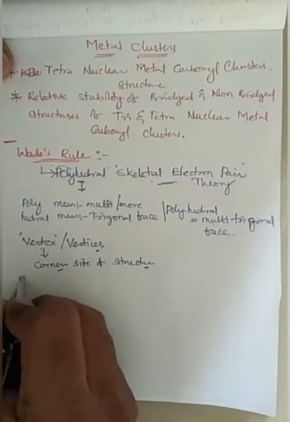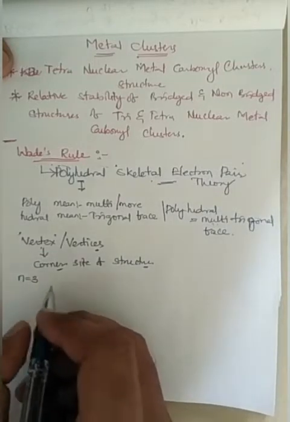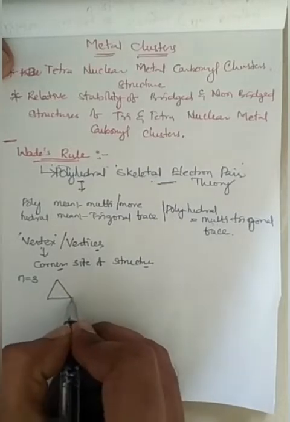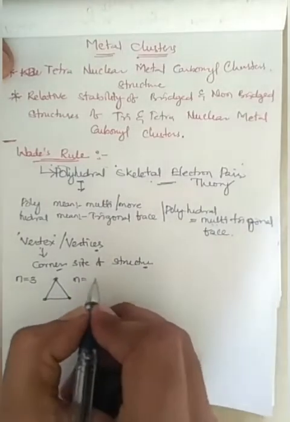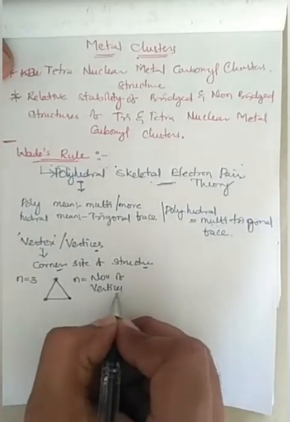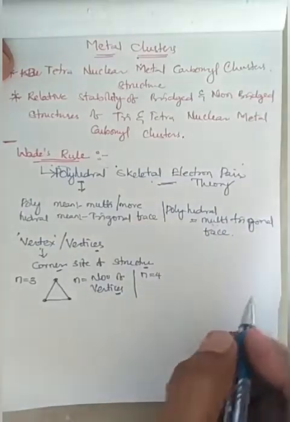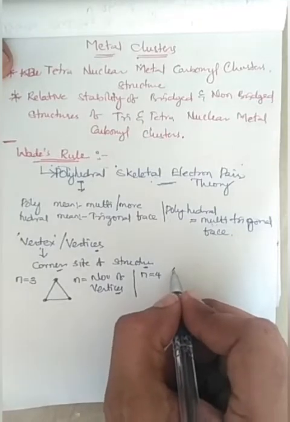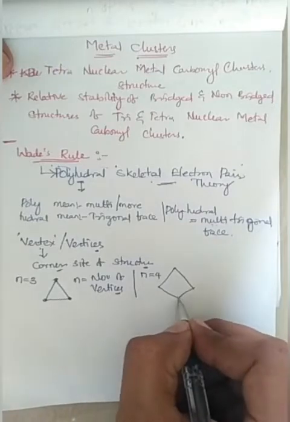When the corner sites or vertices are 3, the polyhedron structure will be trigonal face, right? Here n means number of vertices, right? And when n is equal to 4, the number of vertices will be 4, then the polyhedron structure will be, sorry, tetrahedral.